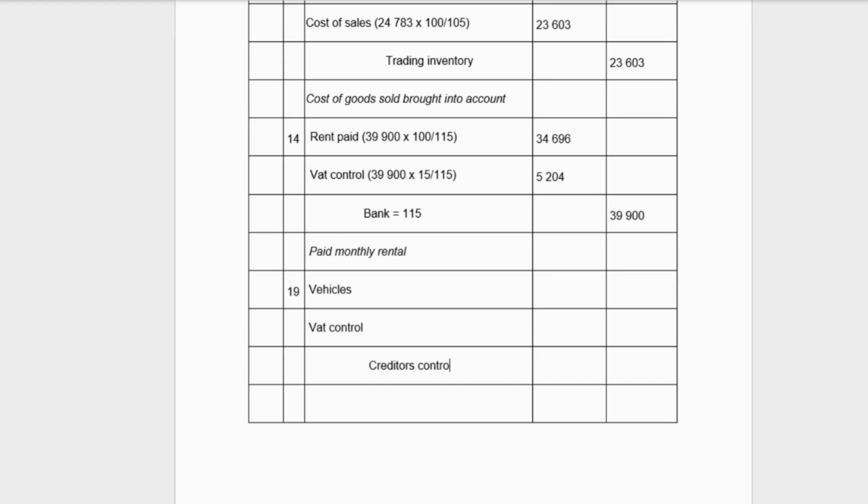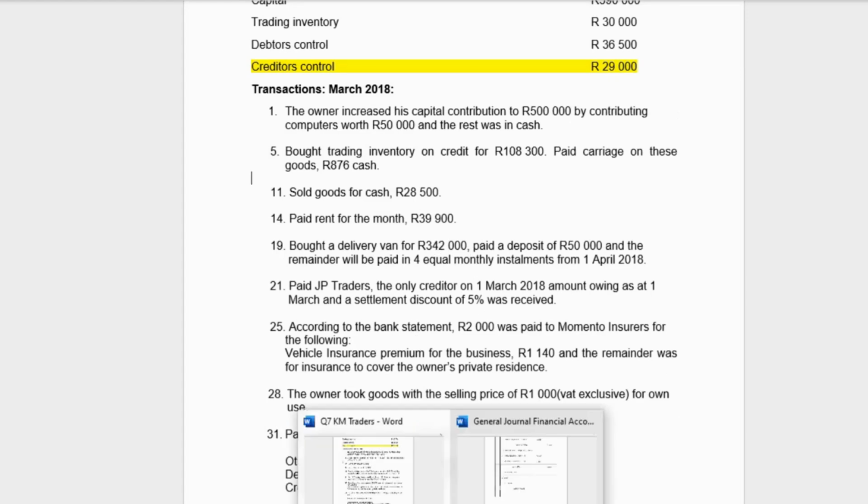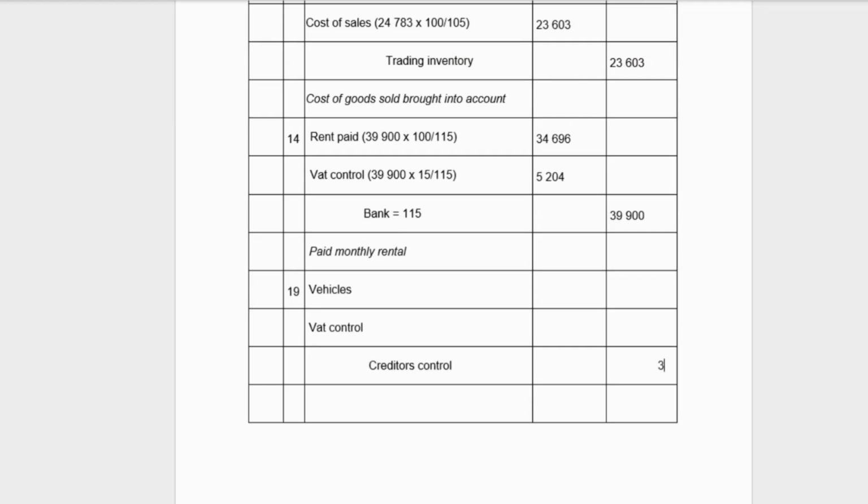Our creditors control is going to be the total amount that we purchased the vehicle for, which is, let's see on the question, 342,000. Remember, this 342,000 includes VAT, which is equal to 115%.